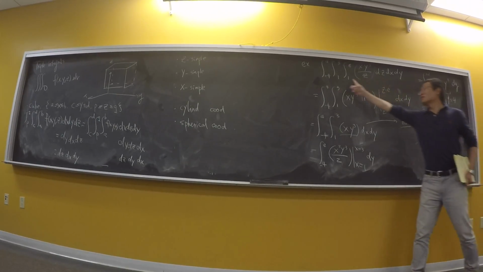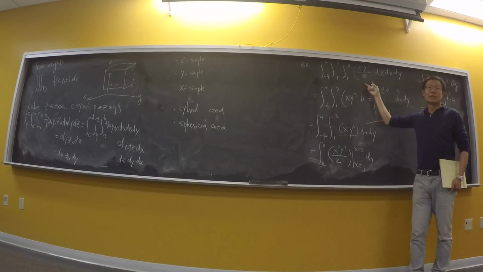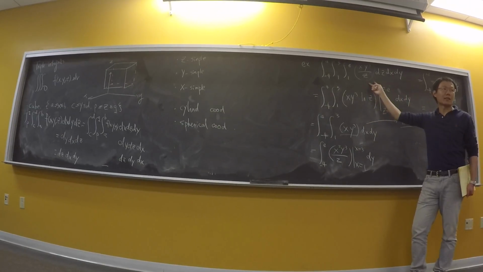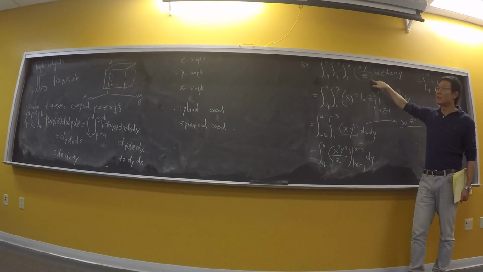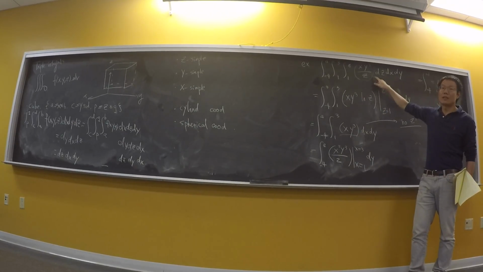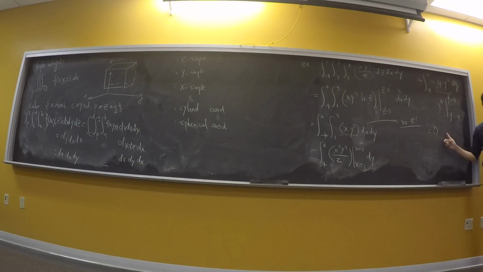This function with this region is not strictly positive. There are some points in this region where the function is positive and some points where it is negative. So it makes sense to get a 0 in the end. This principle is only applicable if your function is strictly positive, then you have to make sure the number is positive.